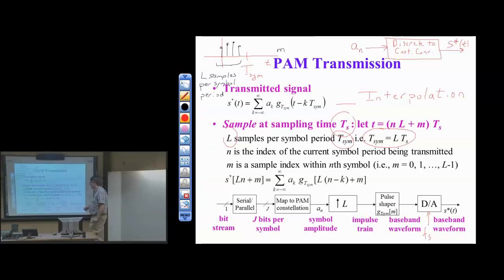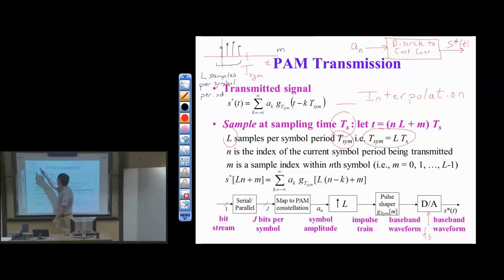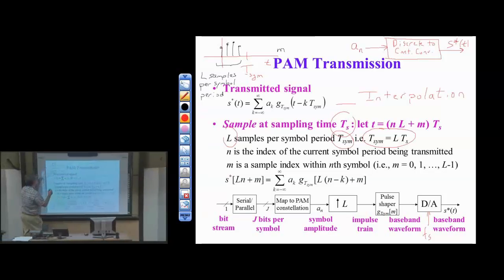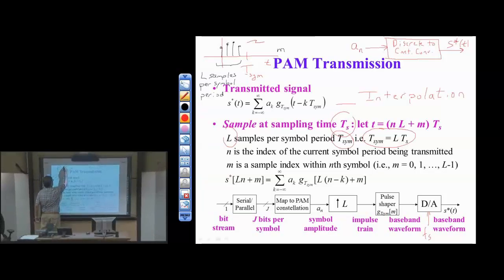So again, little n is the index of the current symbol period, little m is the sample index within the nth symbol. So here is symbol 0, here n is 0, this is symbol 0, and m is 0, 1, 2, 3, right? So m is the sample index within the symbol period.